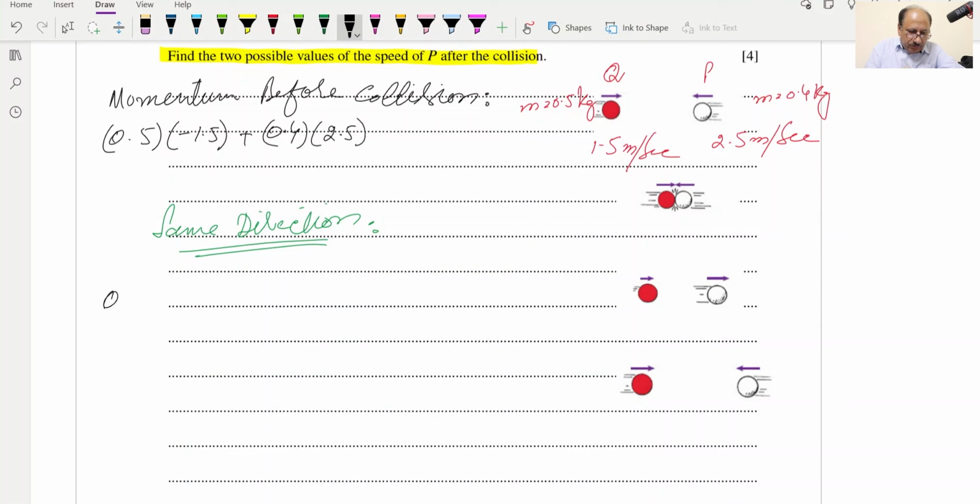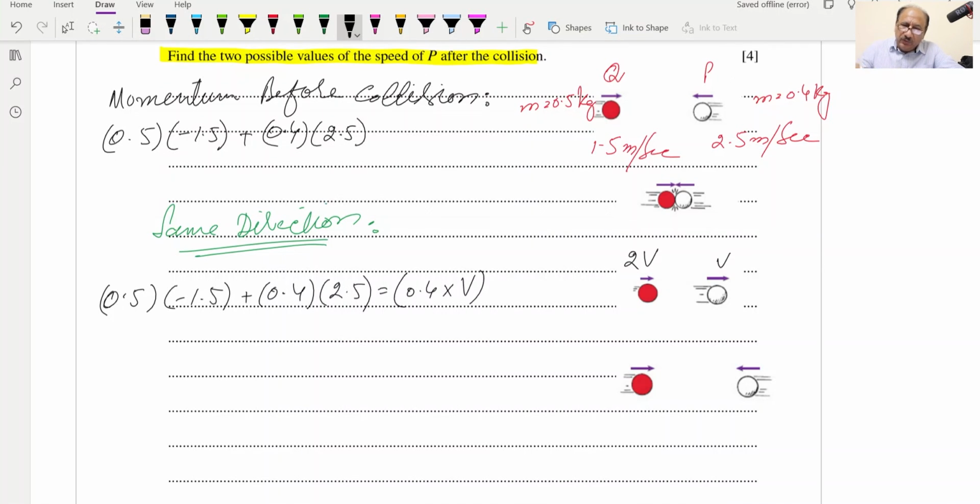We will rewrite 0.5 into minus 1.5 plus 0.4 into 2.5, and this will be equal to 0.4 multiplied by V, since 0.4 will be moving with the velocity V. The second one, which is 0.5, will be moving with velocity double of V, which is 2V.